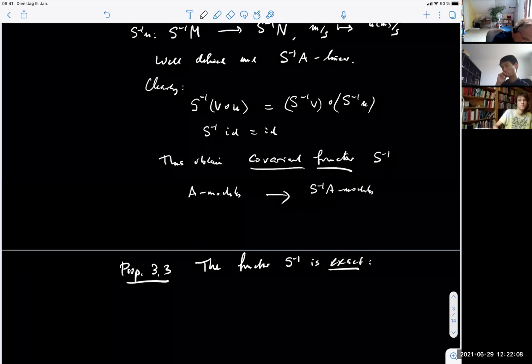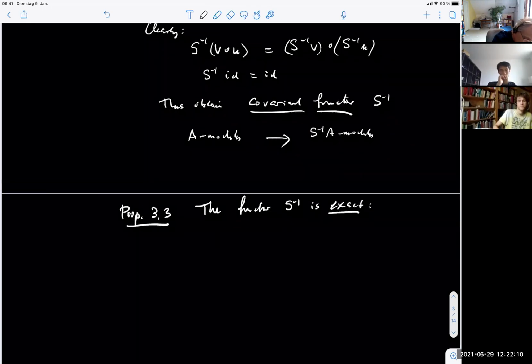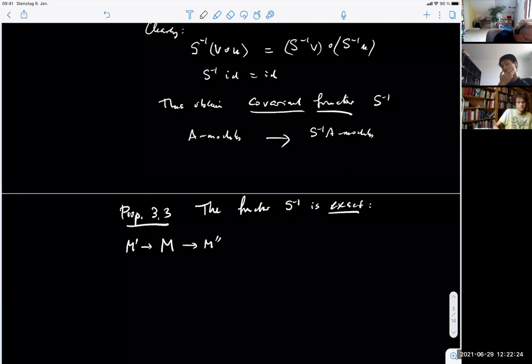Okay, and concretely, this means the following. If I have an exact sequence, I don't have to write a long sequence, just a very short one. I go from M prime to M, from M to M double prime.